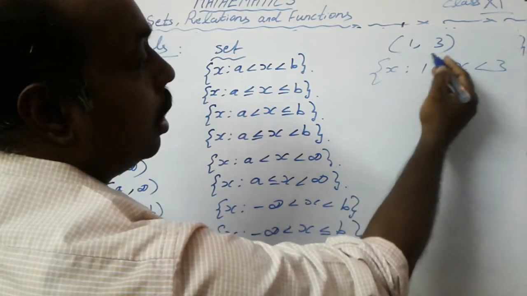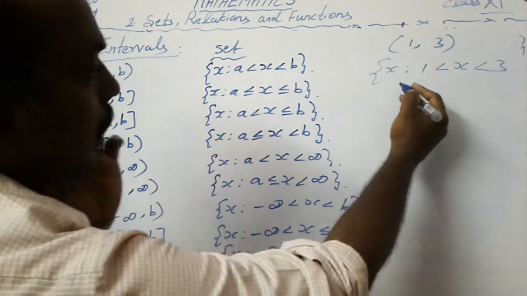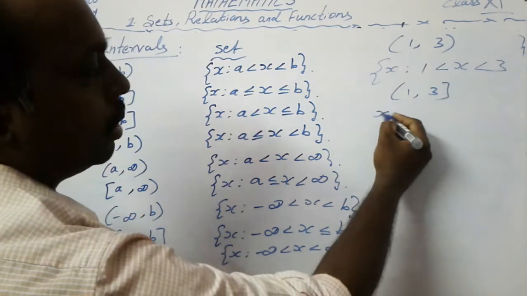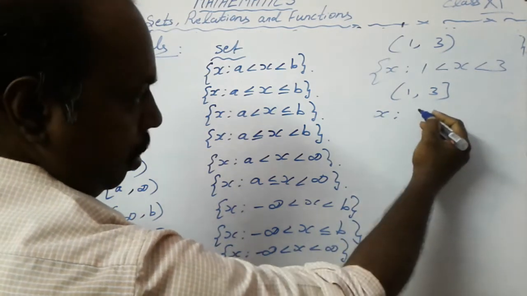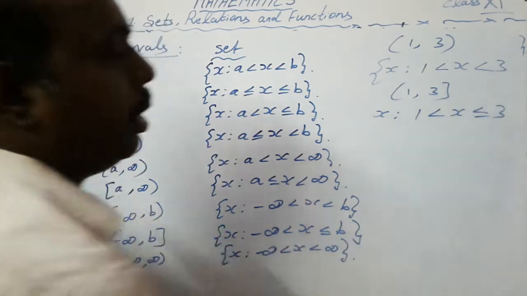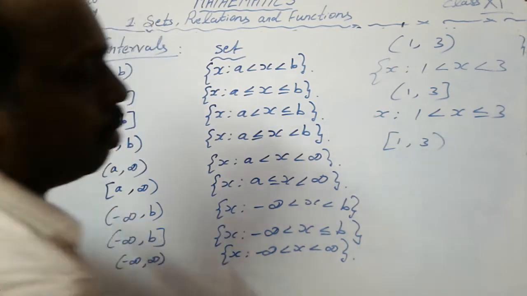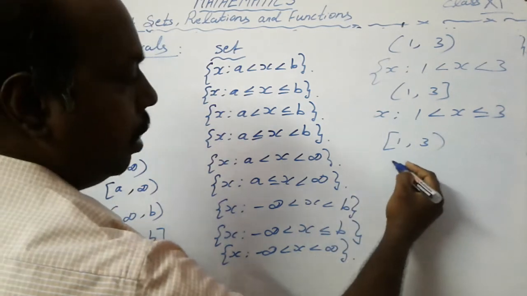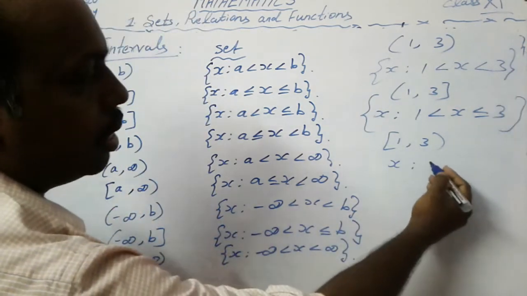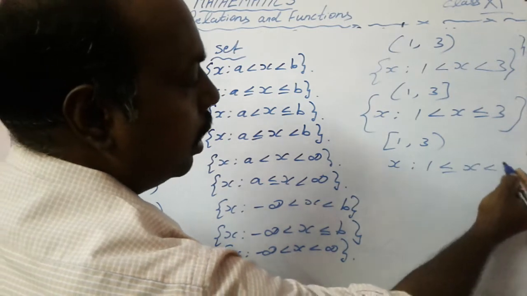X must be greater than 1 but should be less than 3. Suppose open bracket 1, closed bracket 3, how do you write? X such that 1 less than x less than or equal to 3. Suppose closed bracket 1, open bracket 3, how do you write? X such that 1 less than or equal to x less than 3.